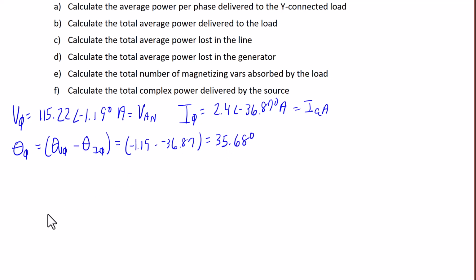And from there, we can now find the power per phase. The power per phase is equal to V phi, I phi, cosine theta phi.